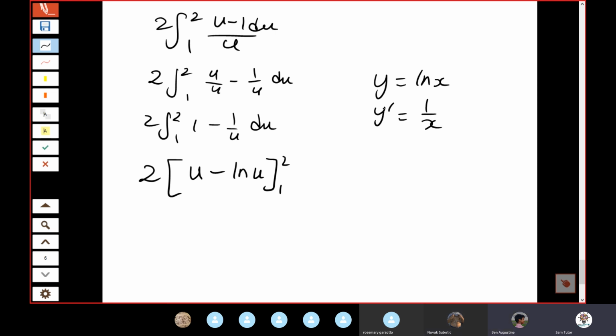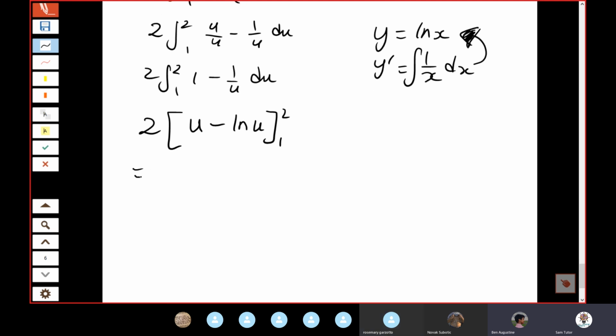Well, what does that mean if I integrated this? If I integrated 1 on x, what would it give me? Log x. So therefore, if I've got the integral of 1 on u, that becomes log u.